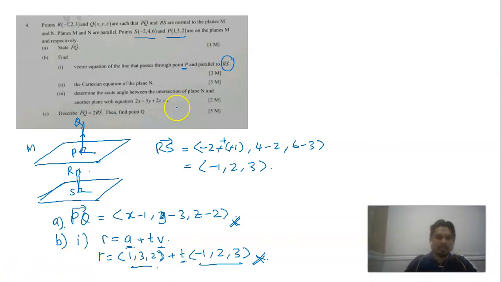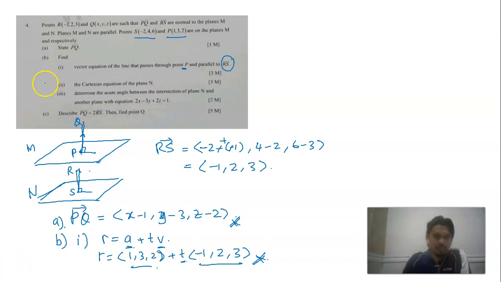So now, next question is, find the Cartesian equation of plane N. This is a plane N. This is M just now, and this is M. So the Cartesian equation of the plane, for question B2, the Cartesian equation of the plane N. Okay, for plane N, we have to recall the normal of the plane N, which is RS or S to R, where n equals (-1, 2, 3).